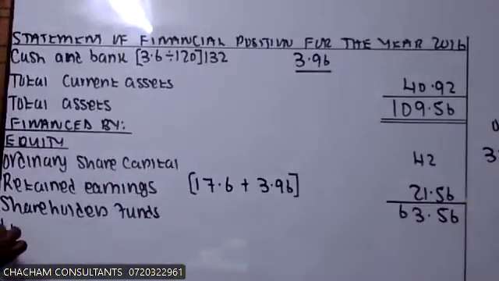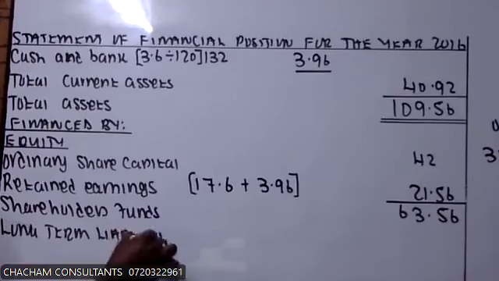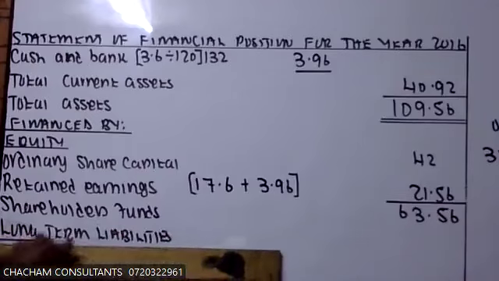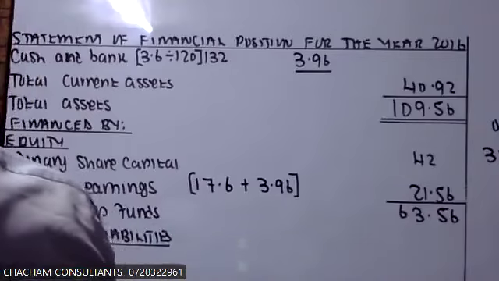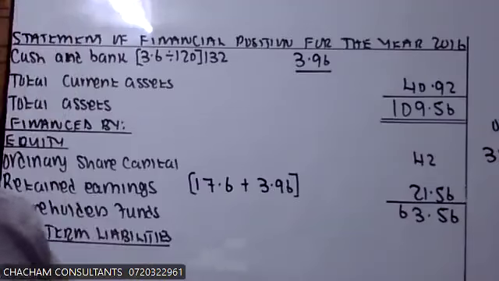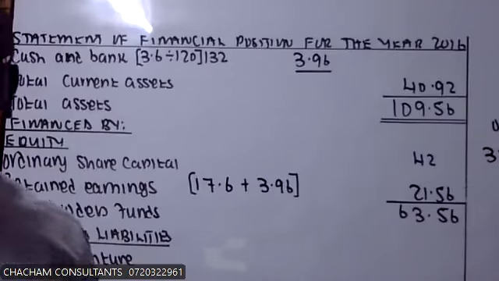Then you come to liabilities, or you can just call them long-term liabilities. Just go straight. Long-term liabilities. So the long-term liabilities, we already have one of them, the 14% debenture.